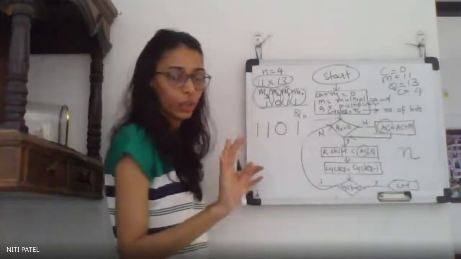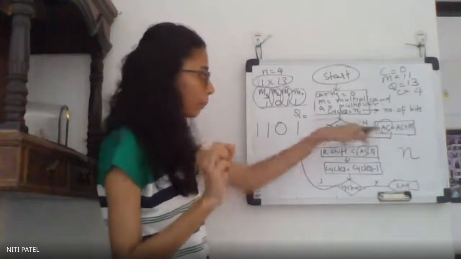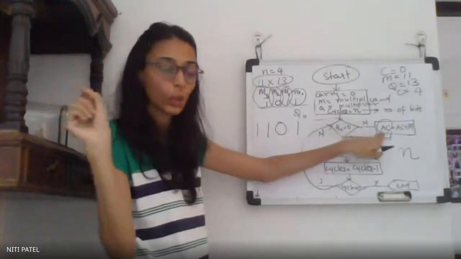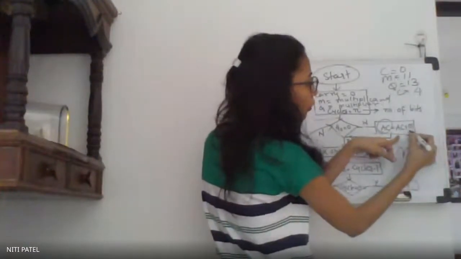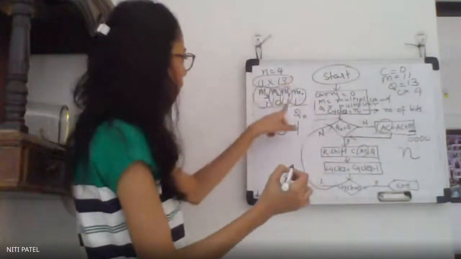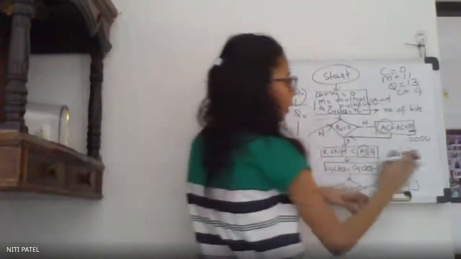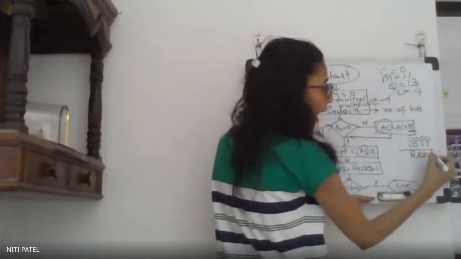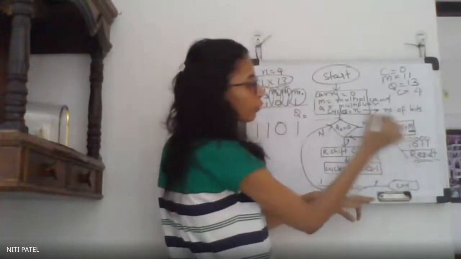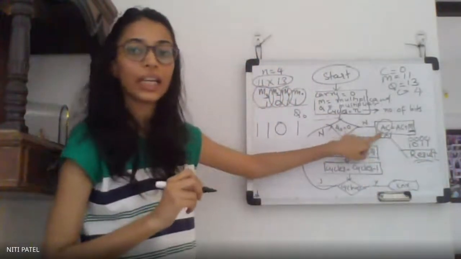It is my accumulator. What is the value of accumulator up till here? It is 0, 0, 0, 0. I have to add 0, 0, 0, 0 with M. My M is 1011. So I have to add with 1011. Whatever result I get, I have to store that result in accumulator again.